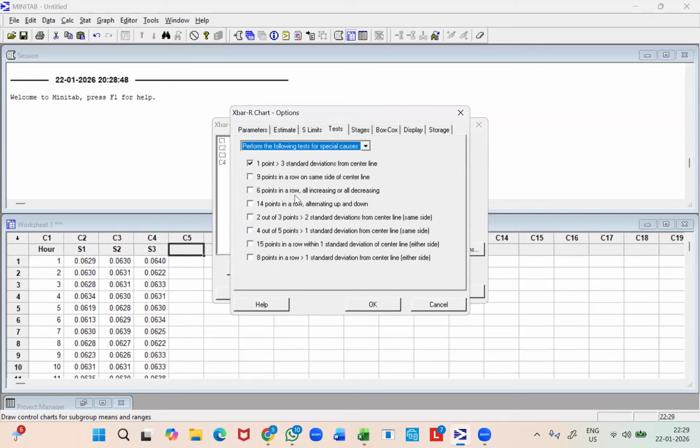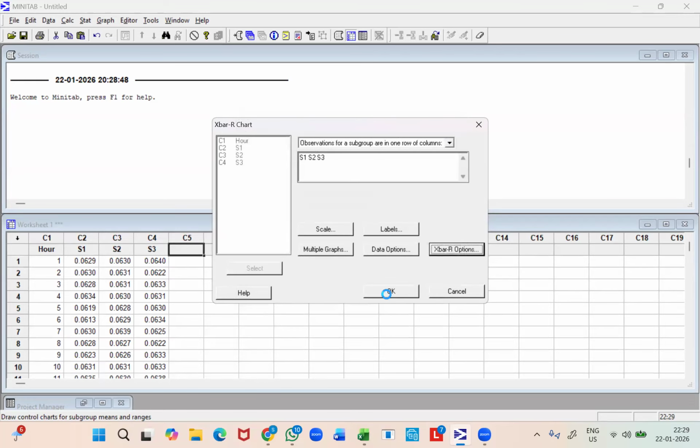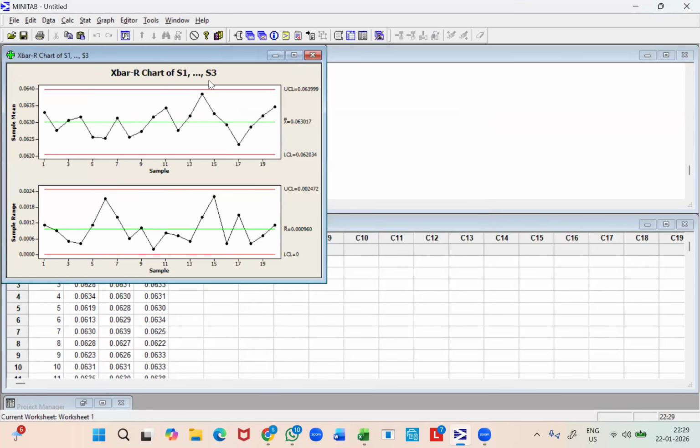You would remember that we saw some 8 rules for identifying the presence of assignable or special cause variation. All these 8 rules are given here. So we will apply all the tests for special causes and click OK at both the places to get the control chart.